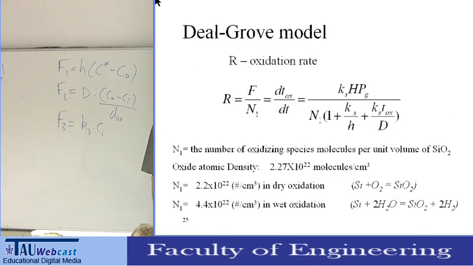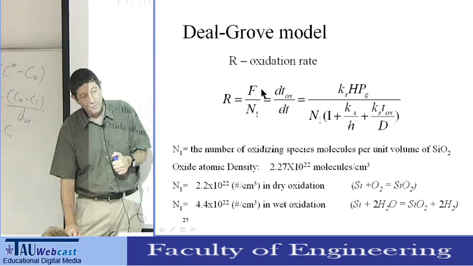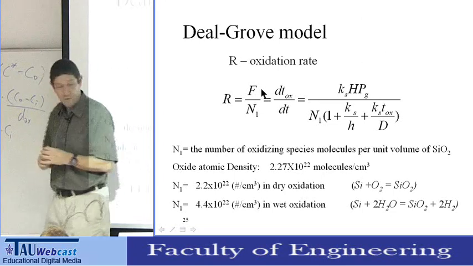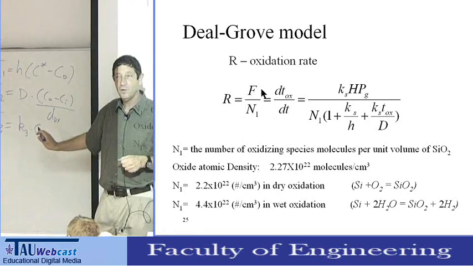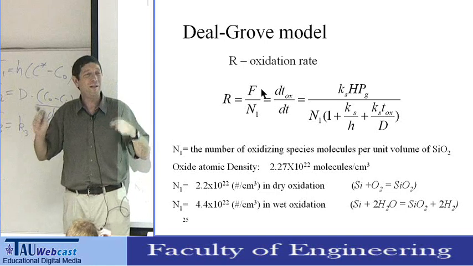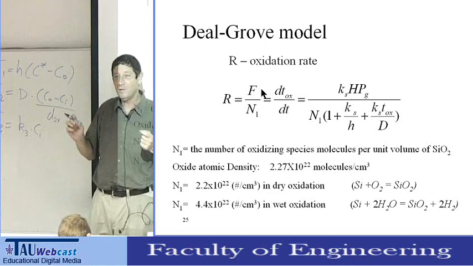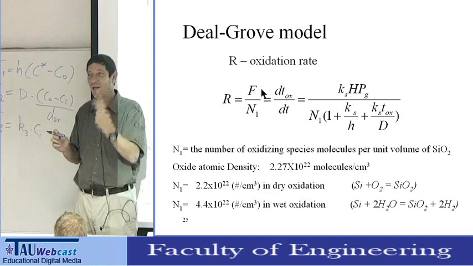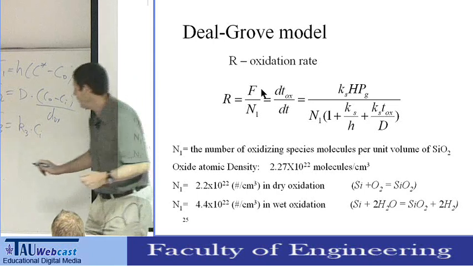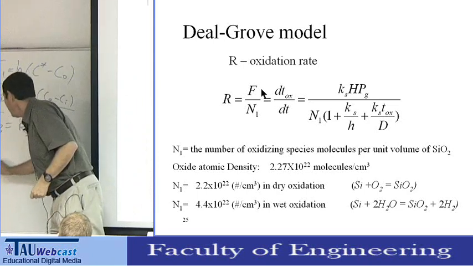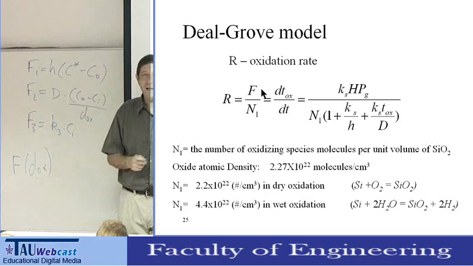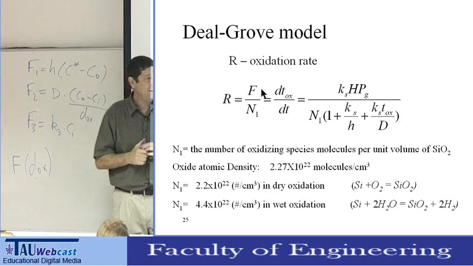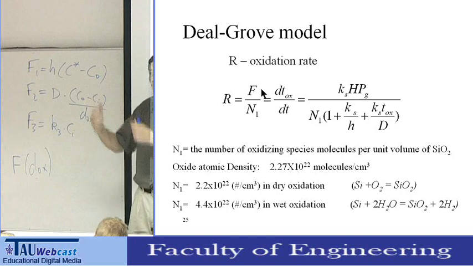So when I solve F1 equals F2, I have three variables and two equations, so I can eliminate two. I can eliminate C0 and Ci, but I will stay with T oxide.